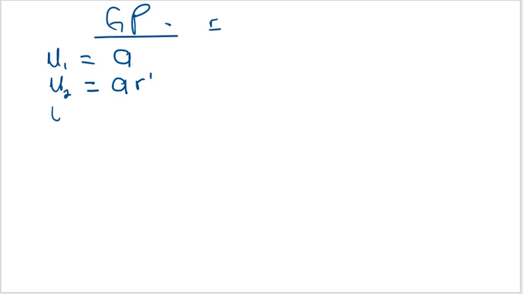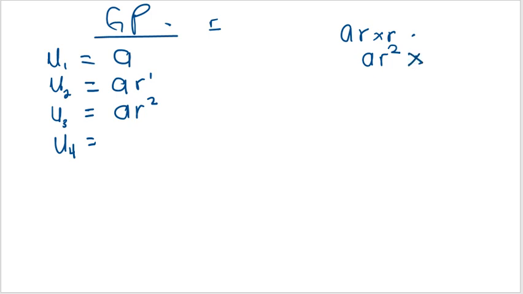Now if I want to find my third term, then I have to multiply ar, which is the second term, by r again. If I multiply by r again, I'll get a times r squared. So my third term becomes ar squared. If I want to find U4, the fourth term, then I have to multiply this by another r.